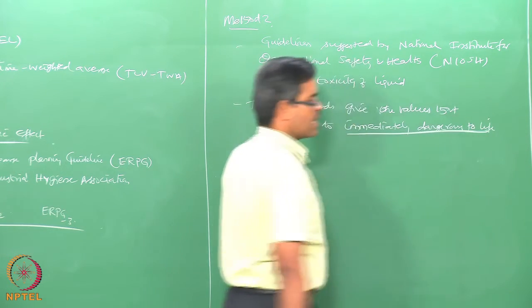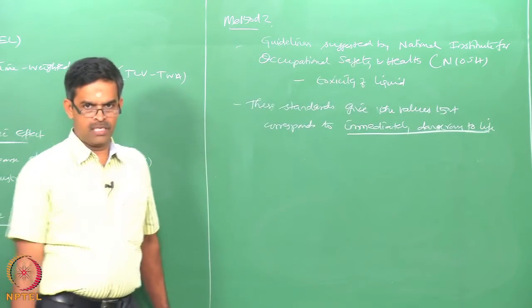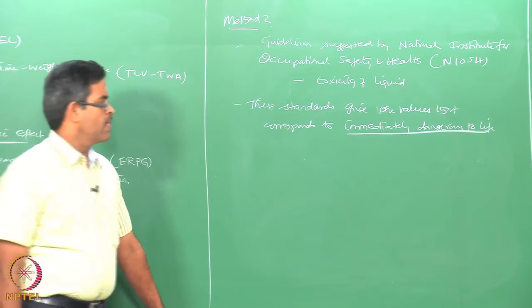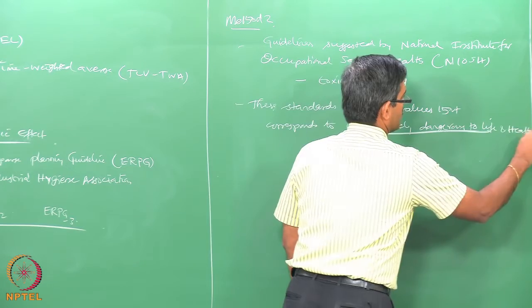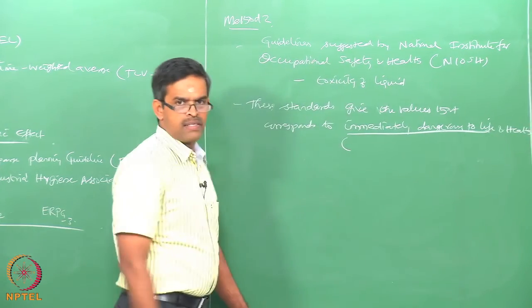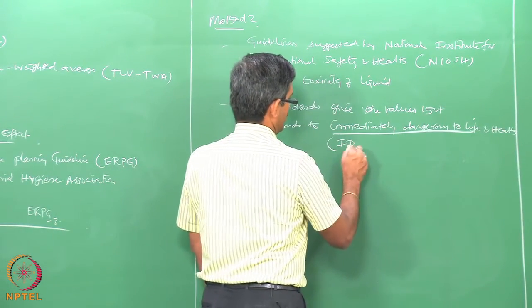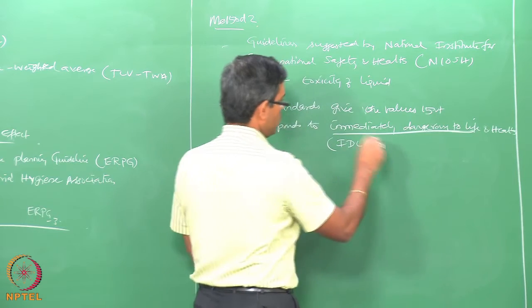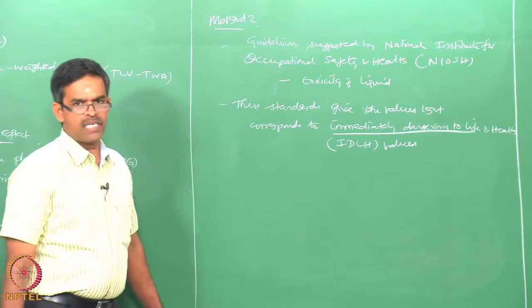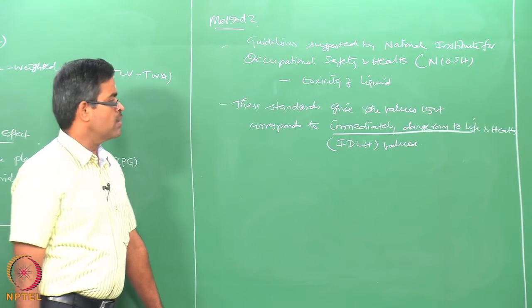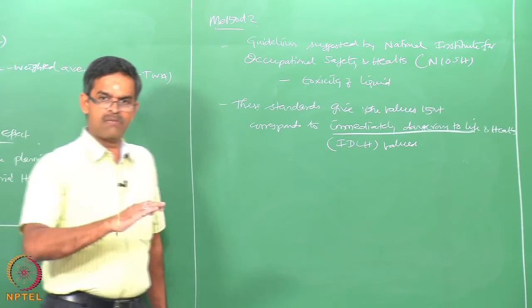They can be seen as an upper limit, immediately dangerous to life and health, which we abbreviate as IDLH values, which explains the level of acceptable toxicity in a maximum content.